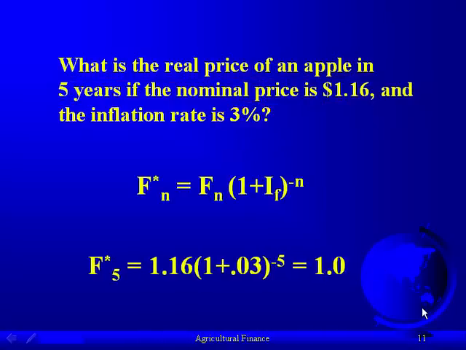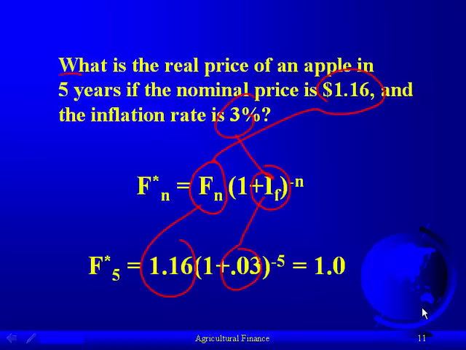And we calculate that by looking at the nominal price of that apple, $1.16. The inflation is 3%, and we're looking at a 5-year period of time, and so it comes out to be $1. The real price of an apple in 5 years, based on today's reference, is 1.